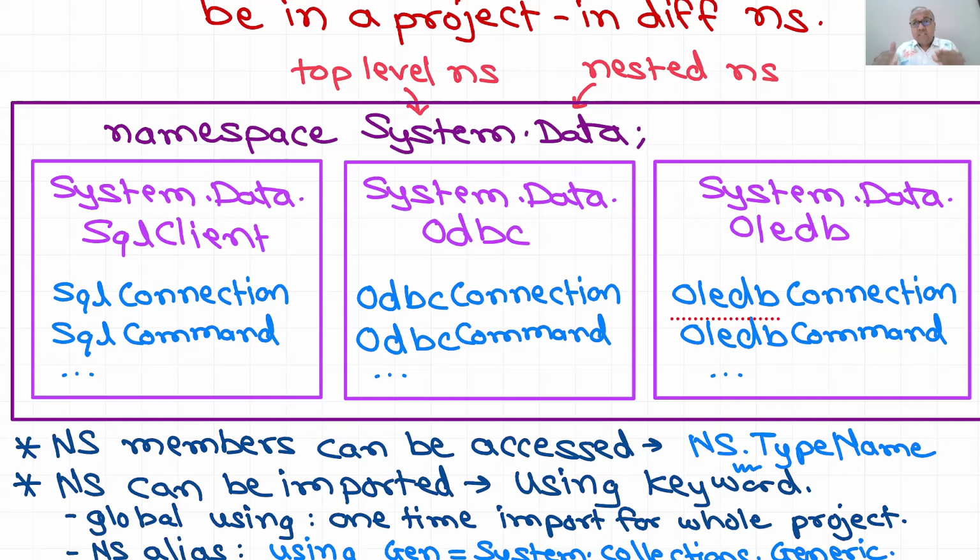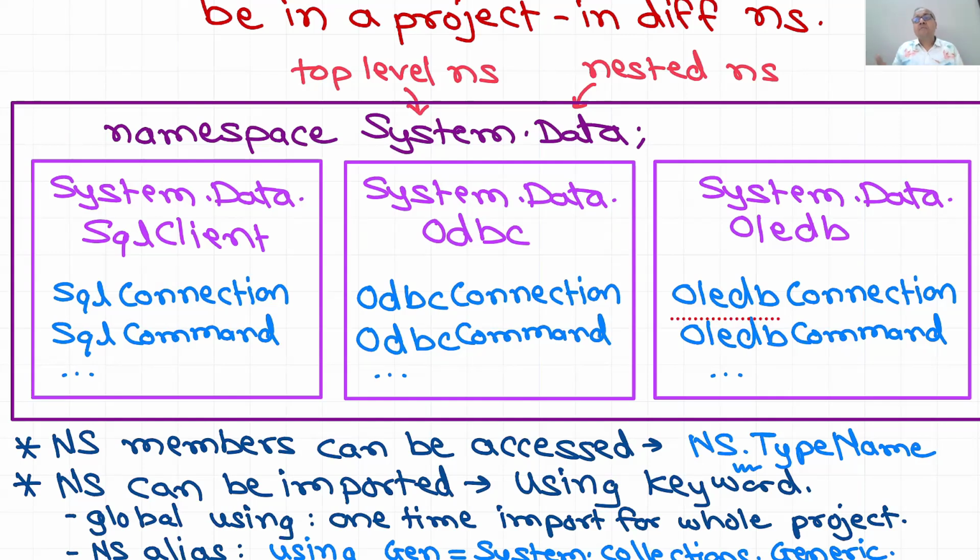However, this namespace has further nested namespaces, like System.Data.SqlClient for the classes which are helpful to connect to the SQL server, or the System.Data.Odbc namespace, which is helpful for connecting to ODBC data sources, which are a bit legacy databases like Excel or Access you can connect.